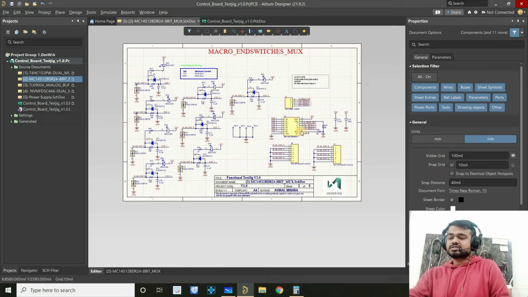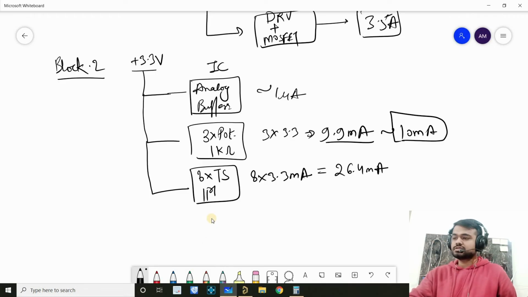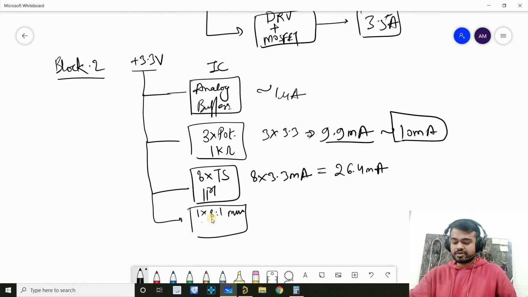Similarly, we have muxes. So on this, we have a couple more chips. I'm just going to mention here: we have one 8:1 mux. All right. We have a logic level converter. On A side, we have connected this 3v3.